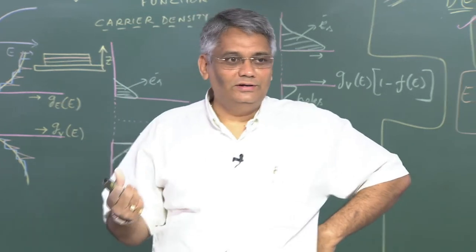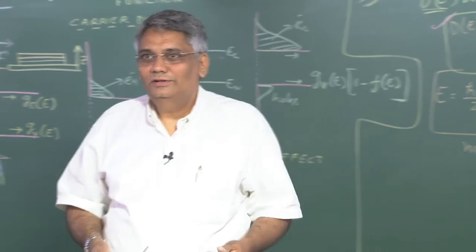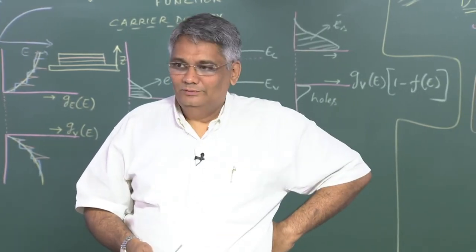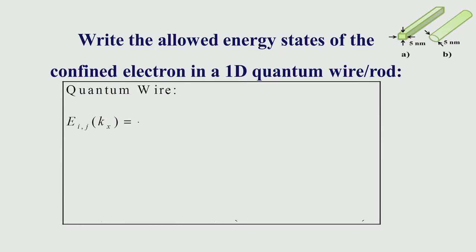You can write the free energy term only along one dimension, and so you have your E_ij(kx), right? If x is the length dimension which is still in the macroscopic regime, and the confinement happens along the y and z directions. And this is again simple, no?